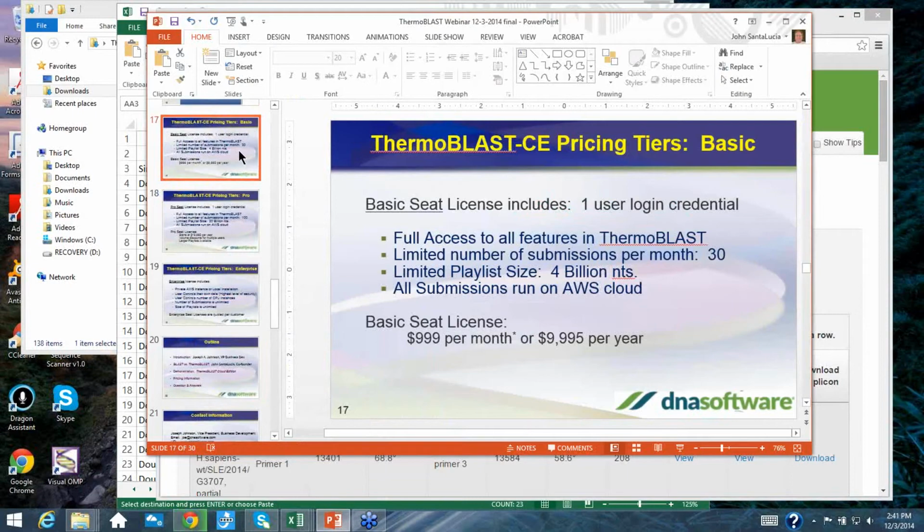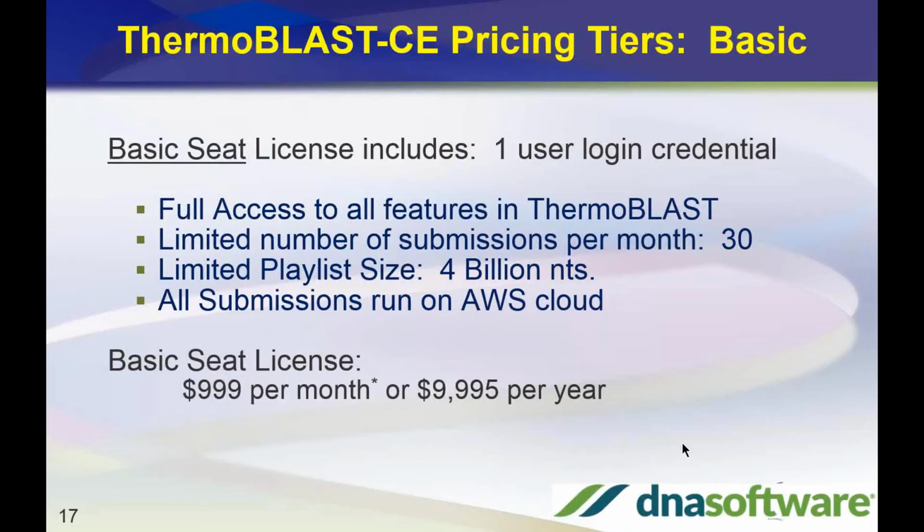To put that into reference, the human genome is 3 billion, so that would allow you entire bacteria diversity panels and other playlists along with the human genome. And all these submissions will be run on the Amazon Web Services cloud. Seat license starts at $999 a month, or it can be purchased for $9,995 annually.